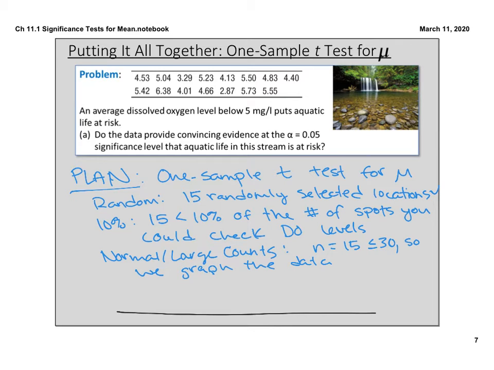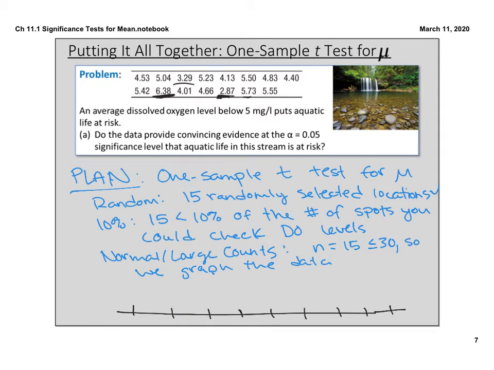So I need to go from, I see a 3.29 up to I see a 2.87 up to a 5.73. Is that 6.38? Okay, so 2.87 to 6.38. So I've got, we'll say 2.5, 3, 3.5, 4, 4.5, 5, 5.5, 6.